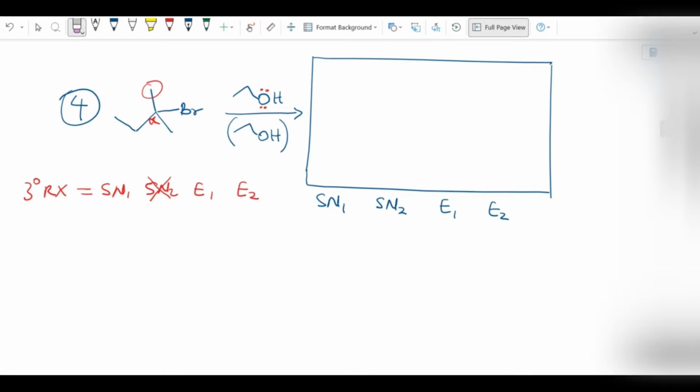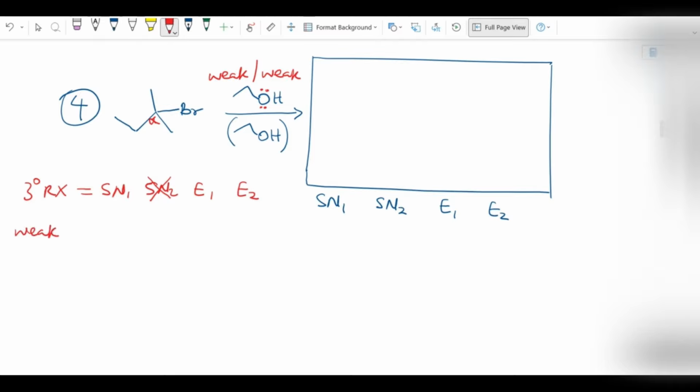Now, what kind of nucleophile or base do we have? Alcohol is a weak nucleophile. As a base, it's also weak. It's a weak base because it is stable. Stable bases are usually weak bases.